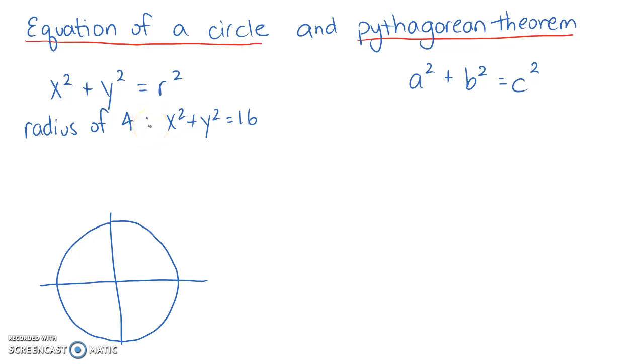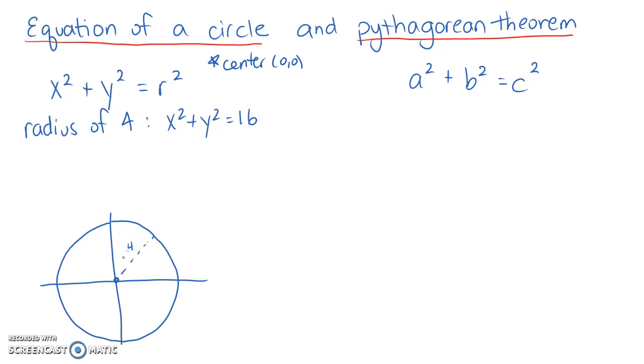Now you must note that this one has a center at 0, 0. There have been no transformations on this graph, so the origin is the center, 0, 0, with a radius of 4.